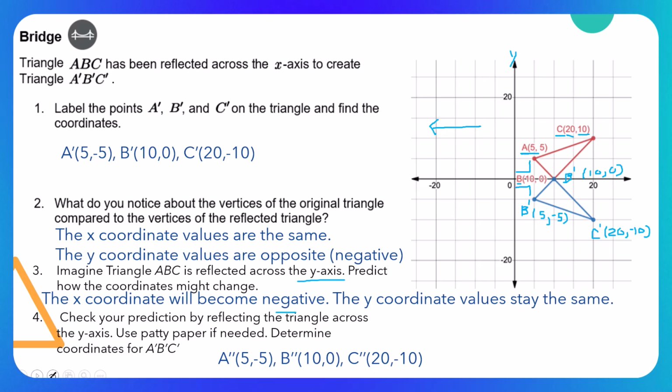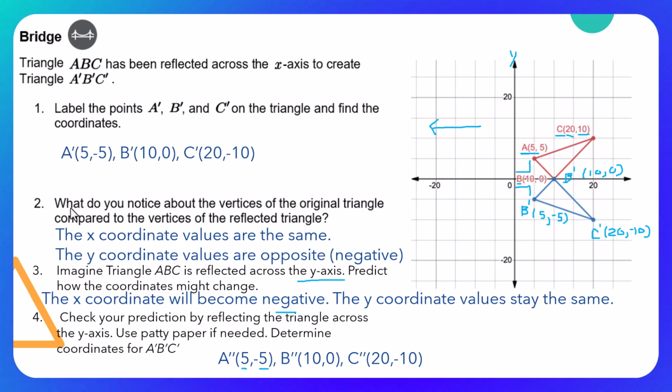Did you come up with the coordinates A double prime as 5, negative 5, B double prime as 10, 0, and C double prime as 20, negative 10? Notice that the x coordinates stay the same. The y coordinates change.